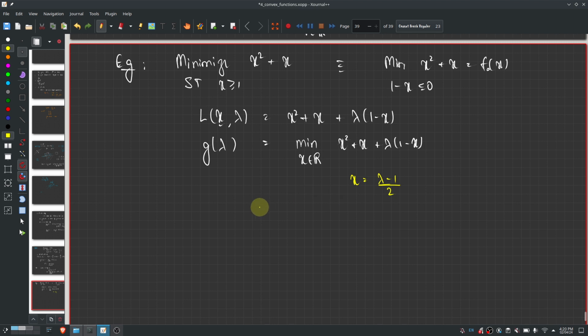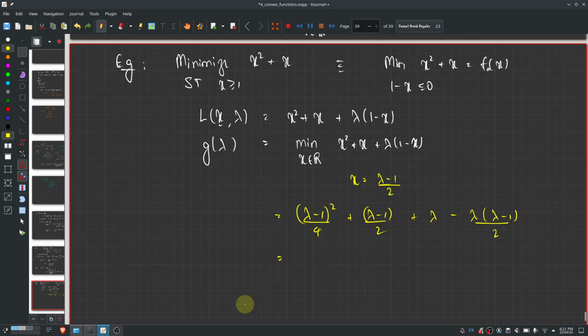Right? Basically 2x plus 1 minus lambda should be equal to 0, or x should be equal to lambda minus 1 by 2. So if you plug this back in, you get lambda minus 1 the whole square by 4 plus lambda minus 1 by 2 plus lambda into lambda minus 1 divided by 2. Right?